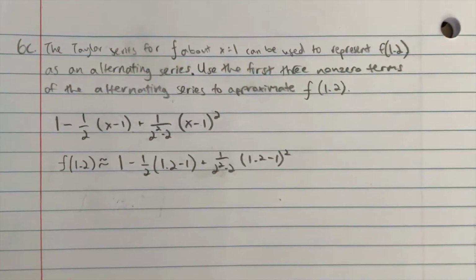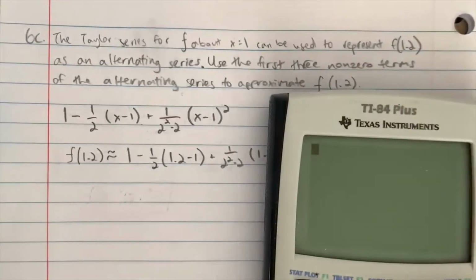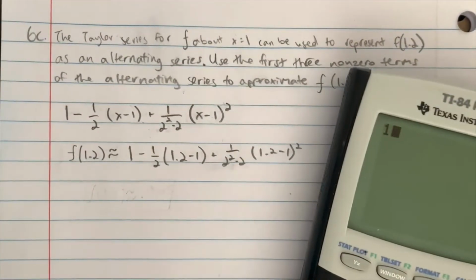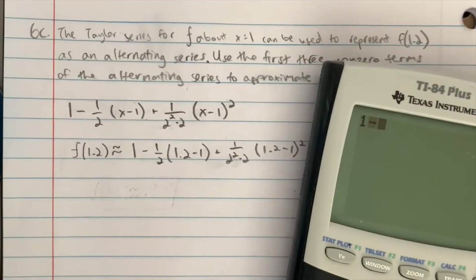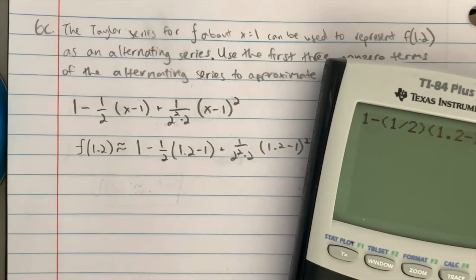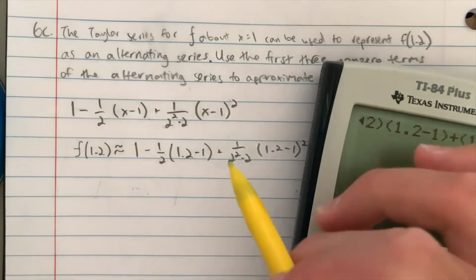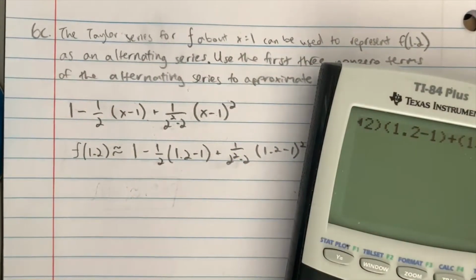And we're allowed to use a calculator for this question, so I'm just going to use a calculator. You probably don't have to, but yeah. So just plug in 1 minus 1/2 times (1.2 minus 1) plus 1 over 8, because 2 squared times 2 is 8.